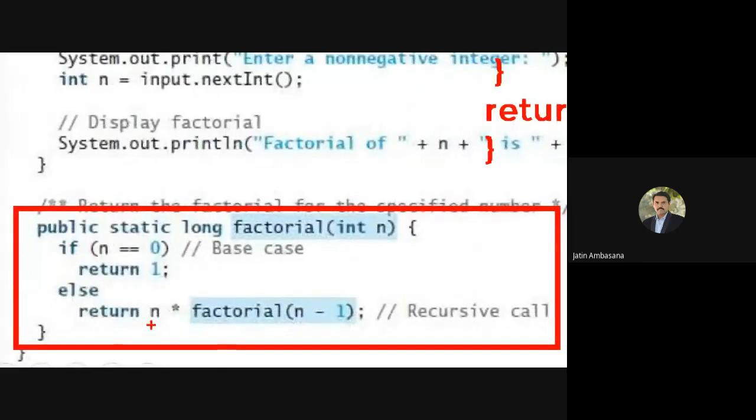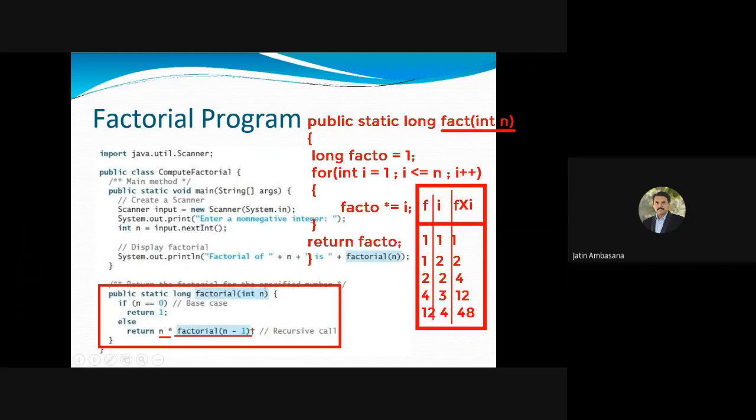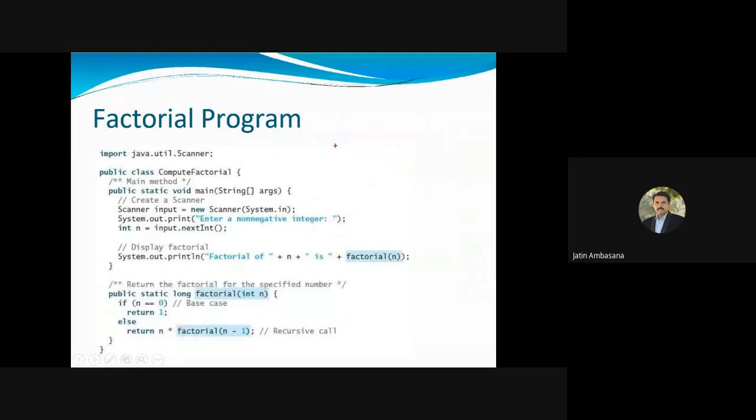Else we return n into factorial of n minus 1. So if you take the factorial formula, it works something like this.